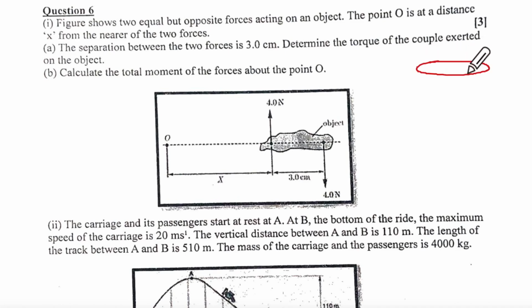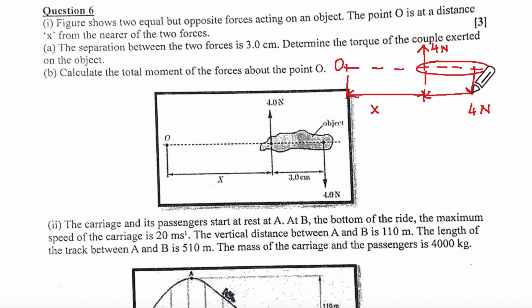So you'll have to show like this. This is 4 Newton and this is 4 Newton and this is O. From here to here is X and from here to here is 3 centimeter. So A says the torque.